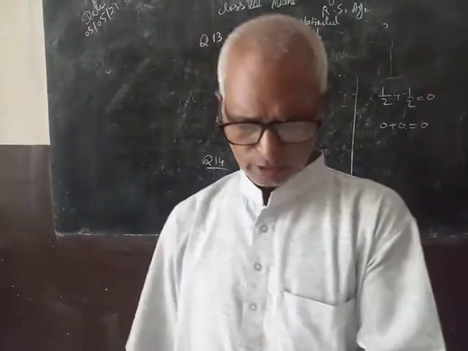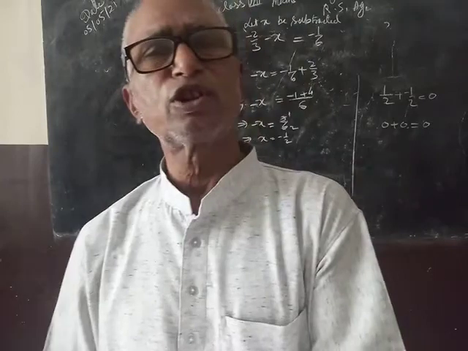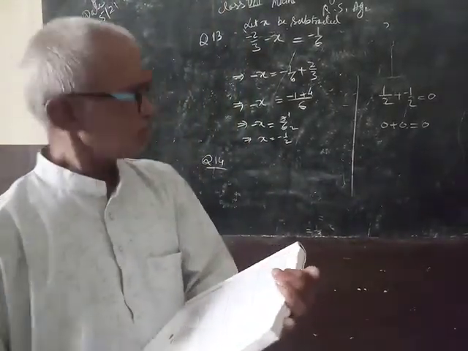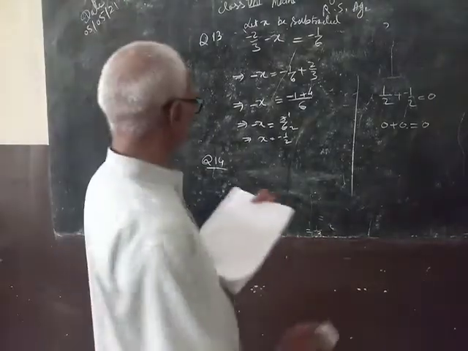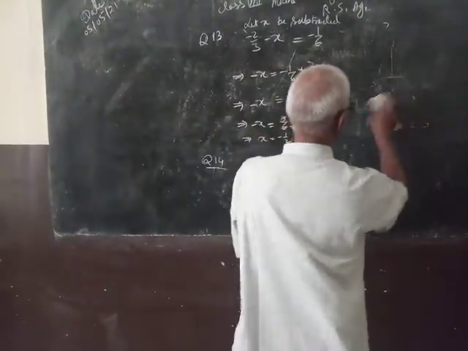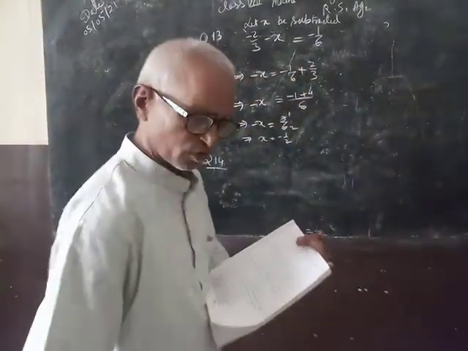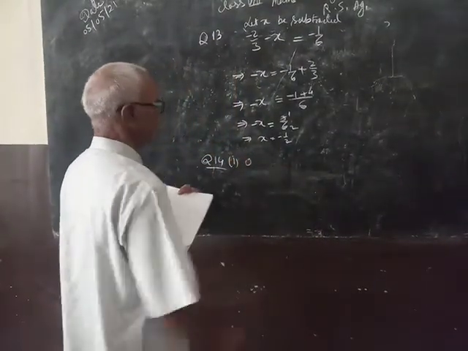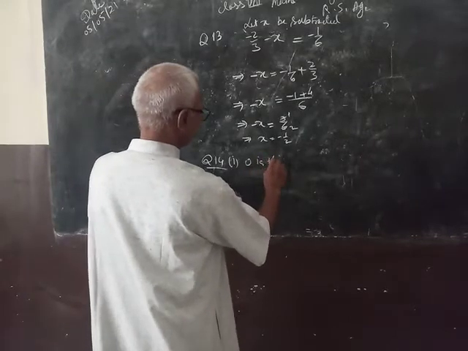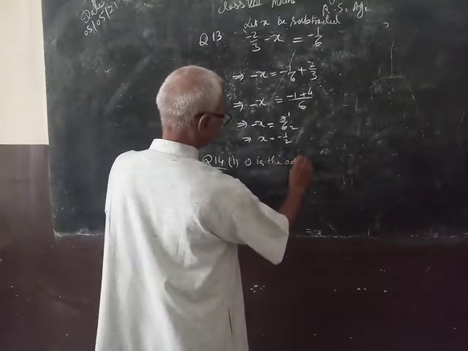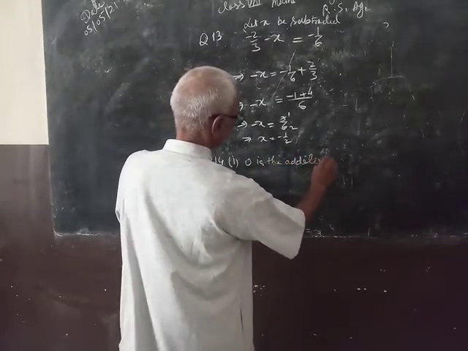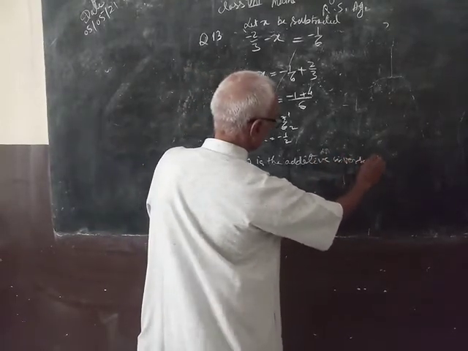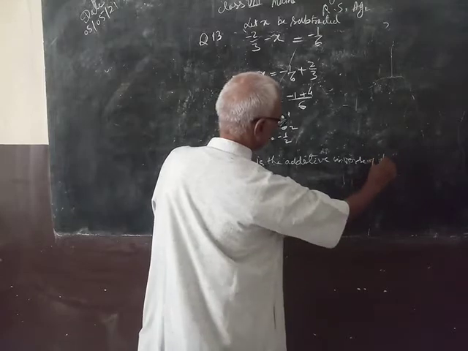So the number is 0. 0 has its additive inverse as 0. Very simple thing. Question 14 first part: the answer is 0. 0 is the additive inverse of itself.